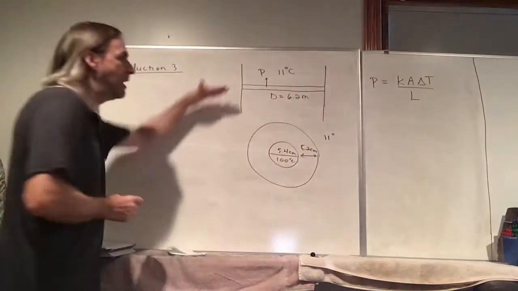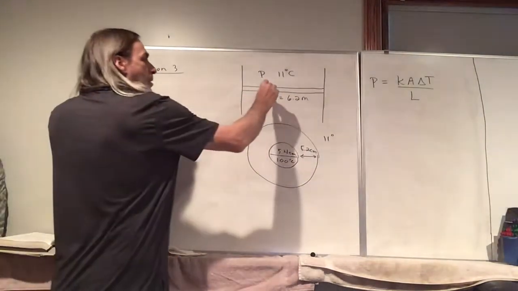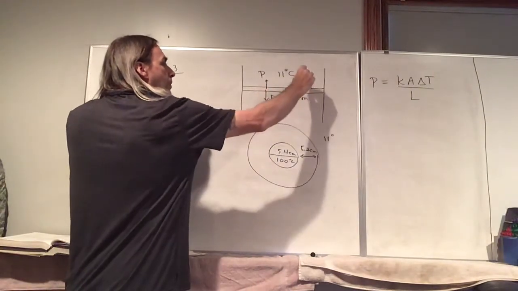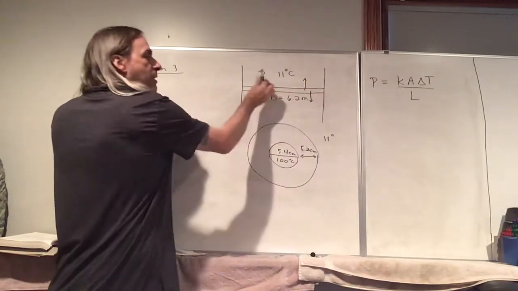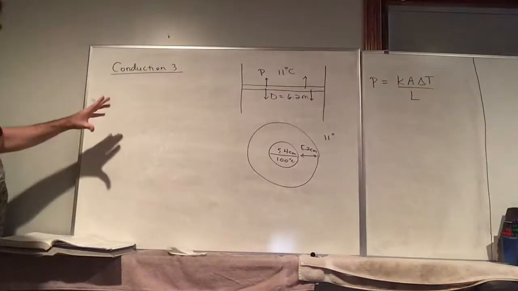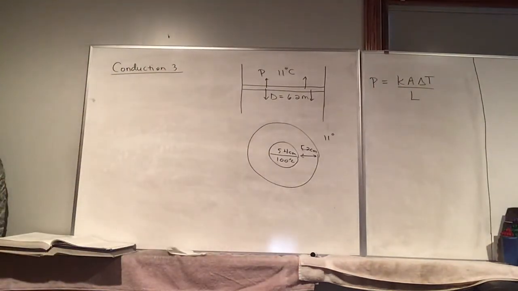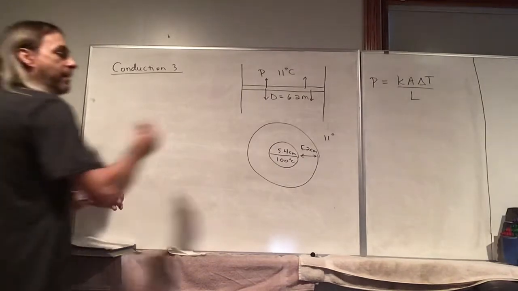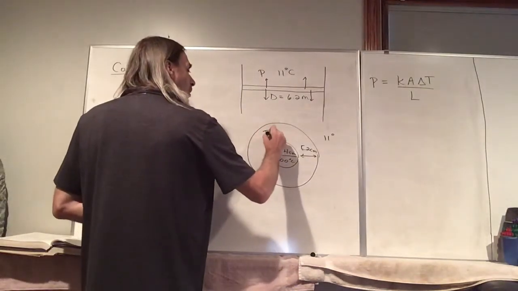So that's like a side view of the pipe. And again, energy is going to be flowing out into the room. This is just a cross section. It's going to be coming out, they're all surfaces of the pipe. And we want to find the rate that heat is going to escape. So again, this is a layer of insulation here.